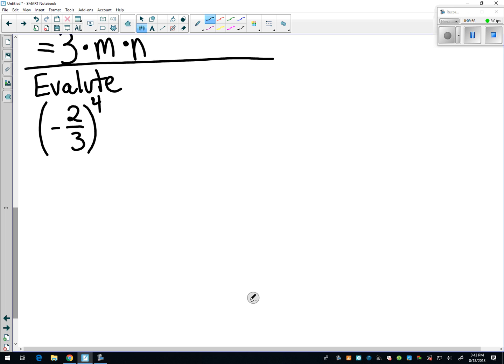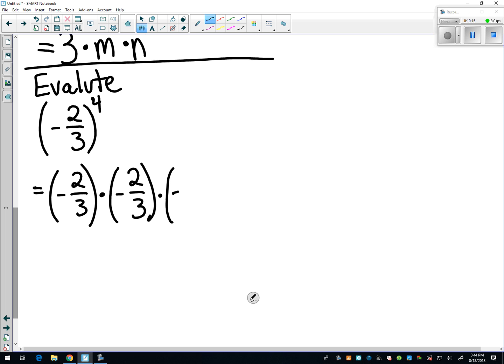Well, what that 4th power tells me to do is I'm going to rewrite this as negative 2/3 times negative 2/3 times negative 2/3 times negative 2/3.